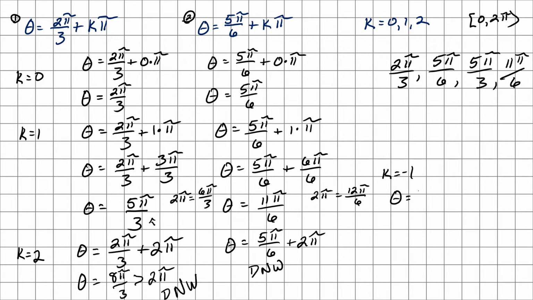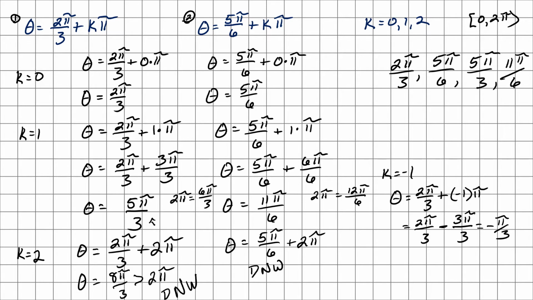That means that theta will be equal to 2 pi over 3 plus -1 times pi. So that means 2 pi over 3 minus, now remember, pi is going to be the same thing as 3 pi over 3. So that's minus 3 pi over 3, and that's going to give me a negative pi over 3.